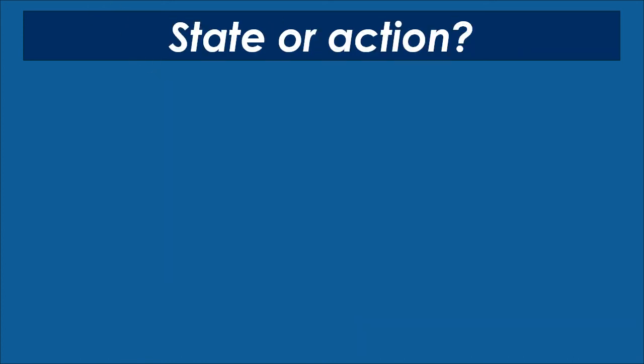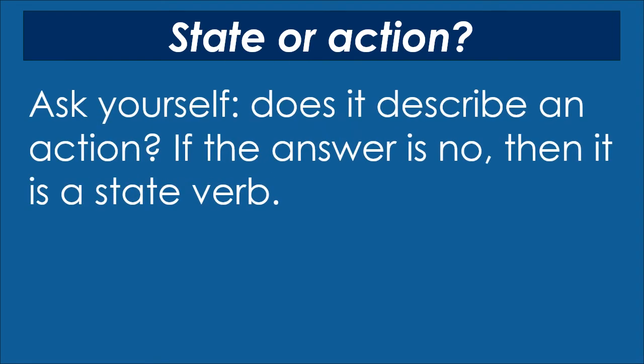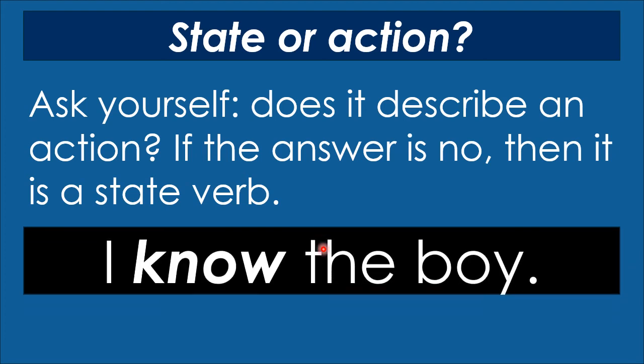Okay, now how can you identify a state verb or an action verb? Ask yourself, does it describe an action? If the answer is no, then it is a state verb. I'm clearing it with an example. I know the boy.